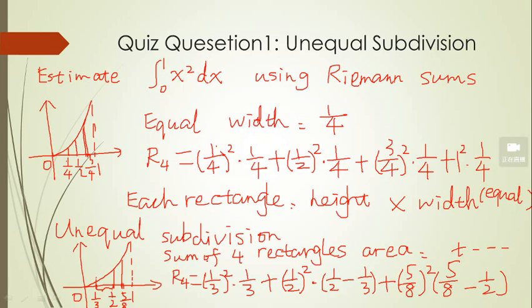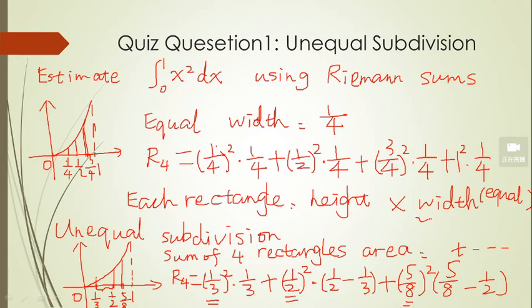But if we are going to calculate the area of the rectangle, it's again the same formula, height and width. Here the widths are different for each rectangle. If you choose the right endpoint, the height is the same, but the endpoint changes. The endpoints become 1/3, 1/2, and 5/8.